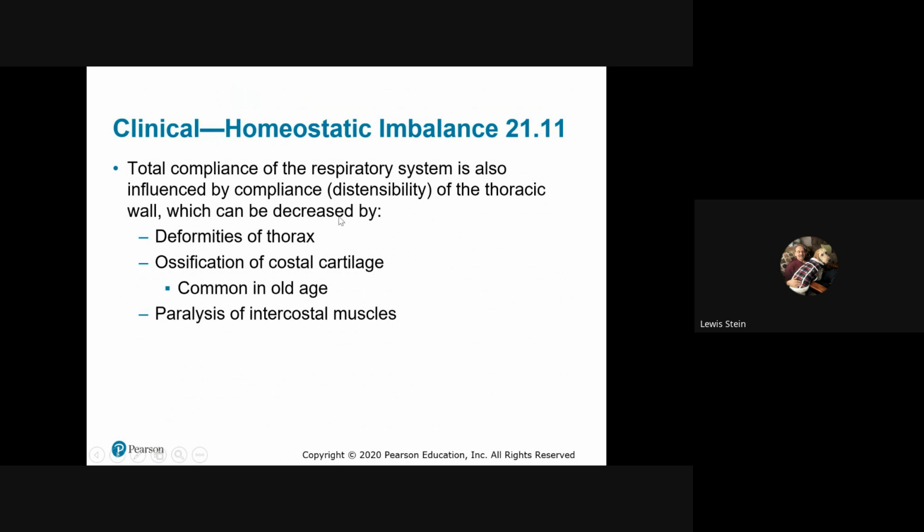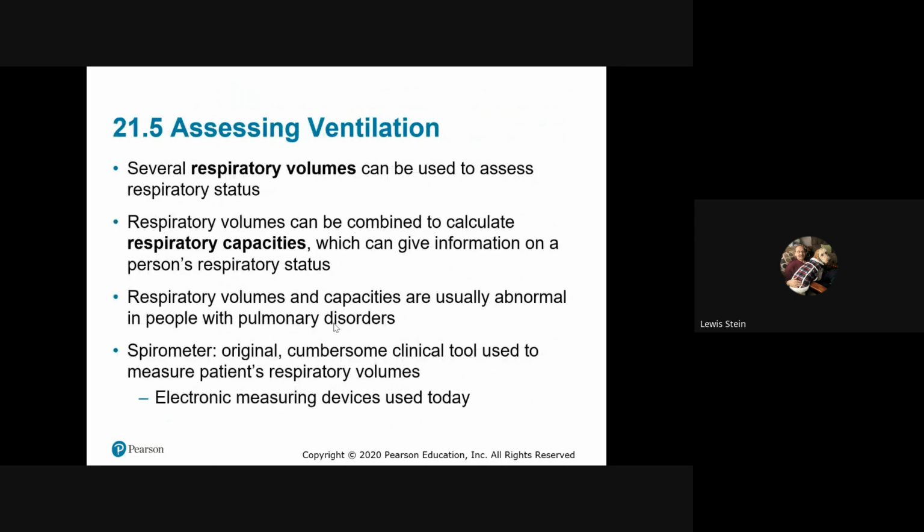And then all of this has to do, again, with the costal cartilages, the cartilages between the sternum and your rib cage, which can be a problem. Intercostal muscles, if they're paralyzed for whatever reason, deformities in the thorax, and all of this. And really the focal point of this little discussion is something we were going to do in lab, and I was going to give you the same presentation, and that's these respiratory volumes.